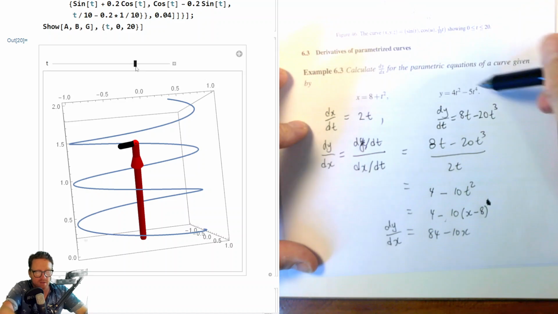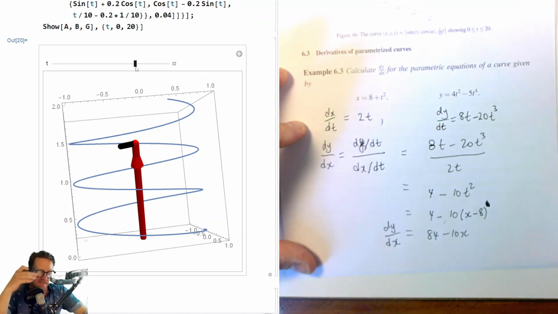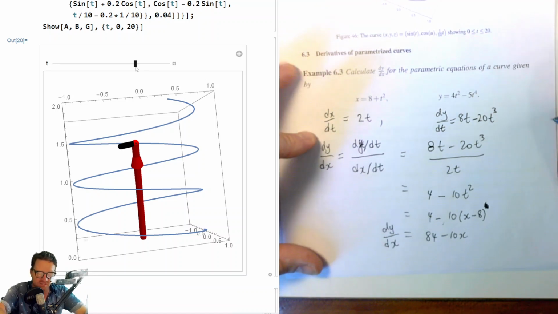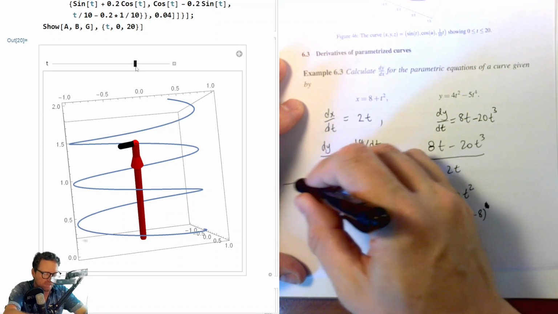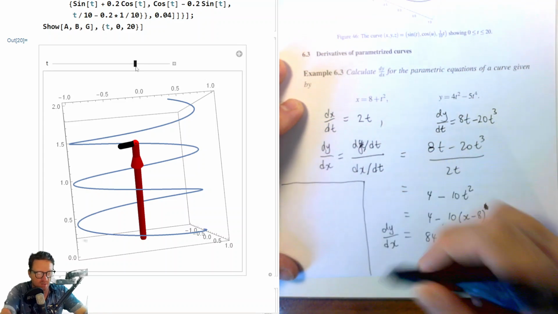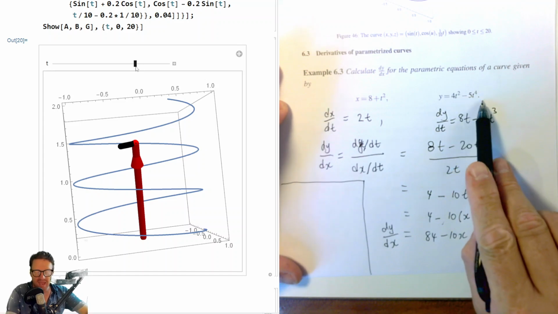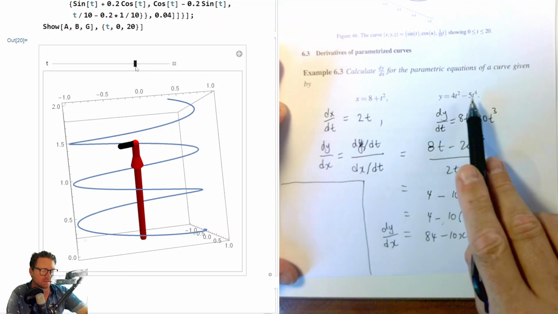So from the parametric representation, we can easily get dy on dx in terms of t and in terms of x. Okay, so let's just do another calculation to confirm this. And I suppose we'll put that in this little box. Since there's squares in here, we can get an equation for y in terms of x easily.